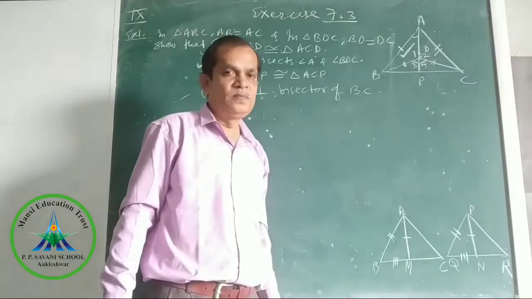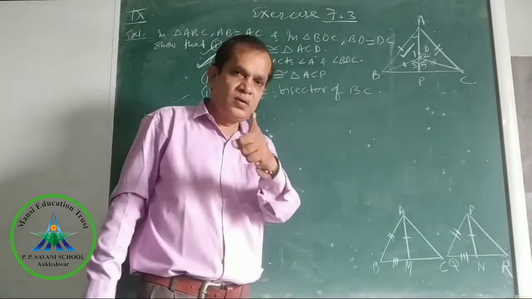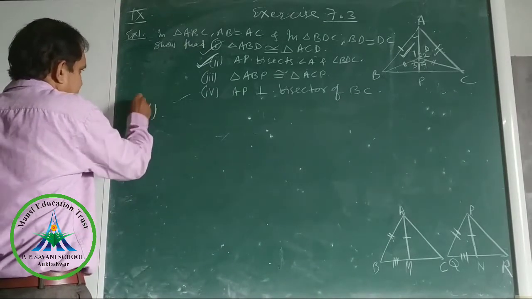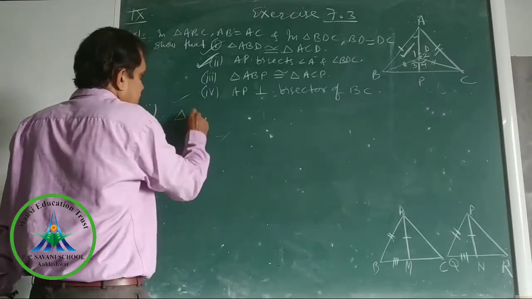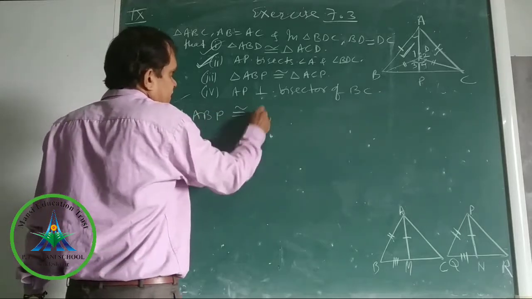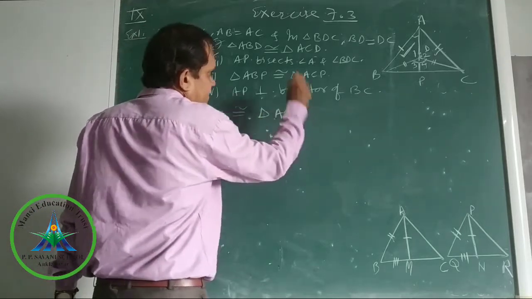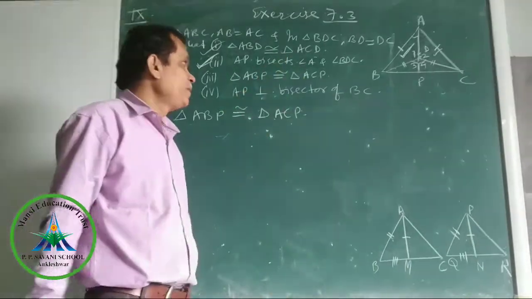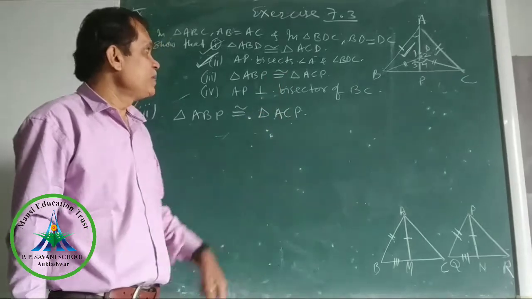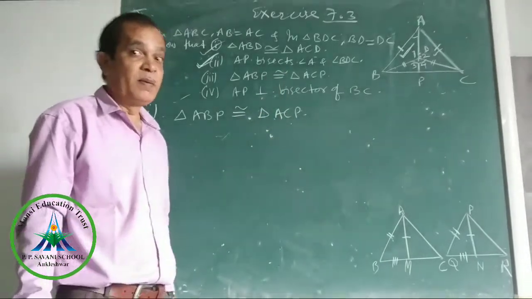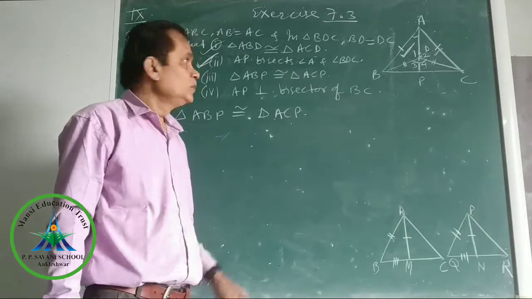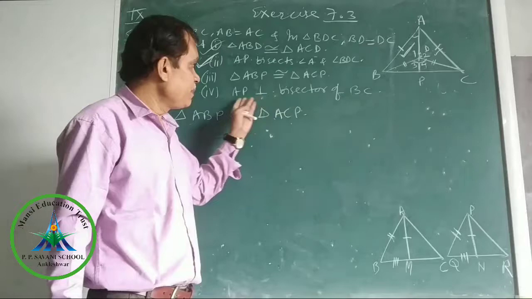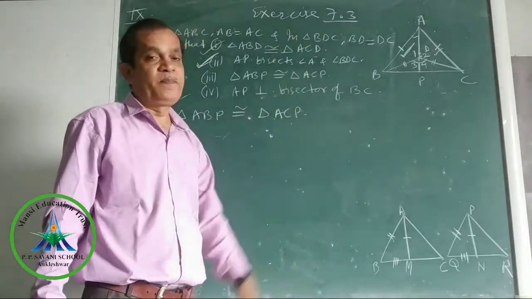Think yourself. Try yourself. I am keeping this third part. Let me see how many of your minds work. I told you AB equal to AC and AP equal to AP common. Remember it. After proving this, automatically you will say AP is the perpendicular bisector of BC.